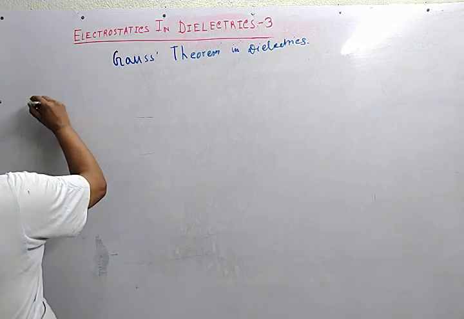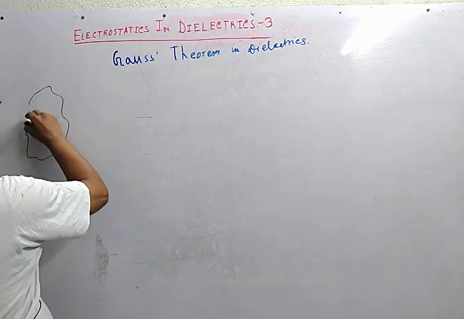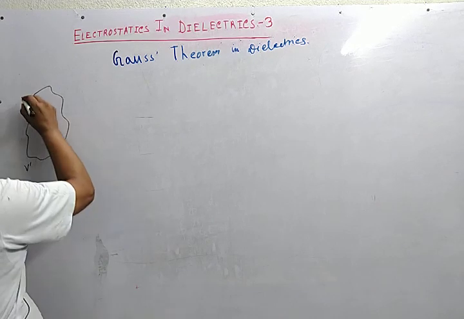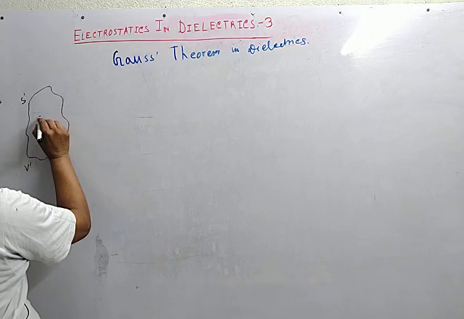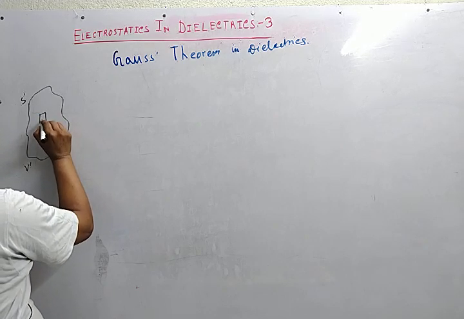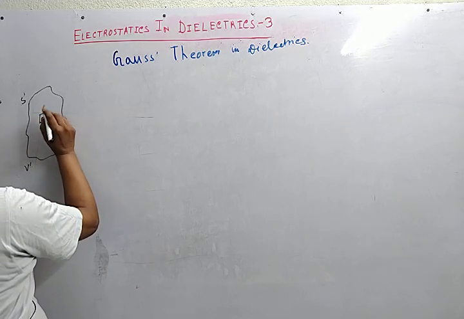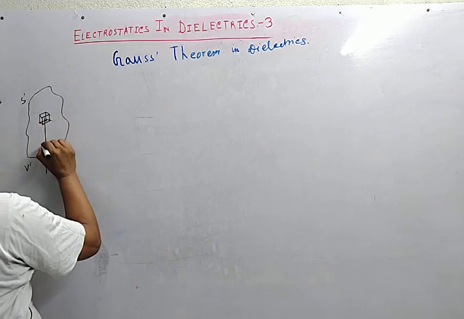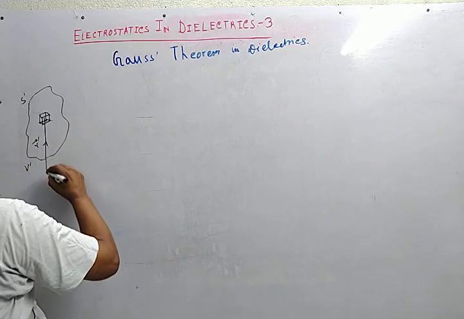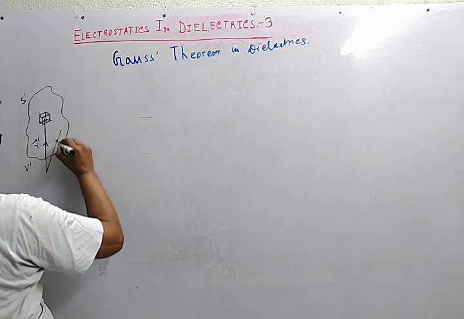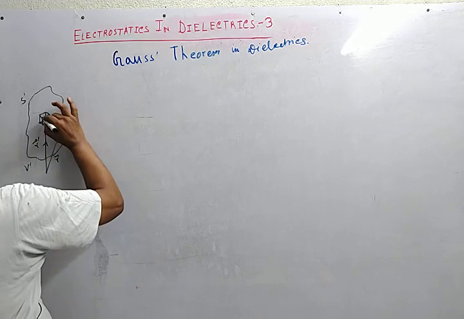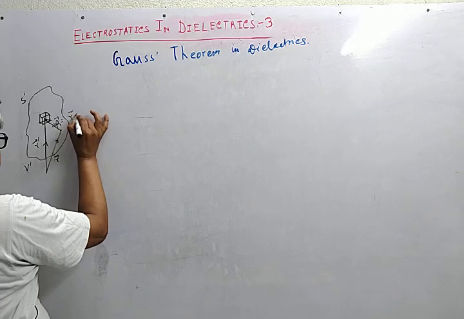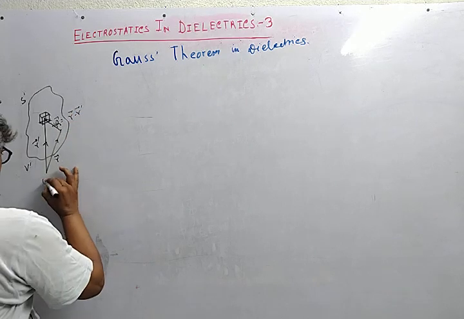What we do, we consider a polarized material bounded within a volume V prime and a surface S prime. Within this material, we consider a volume element around our source coordinate R prime, and we want to calculate the field at this point, and this R is the relative vector that we always use, the same convention.